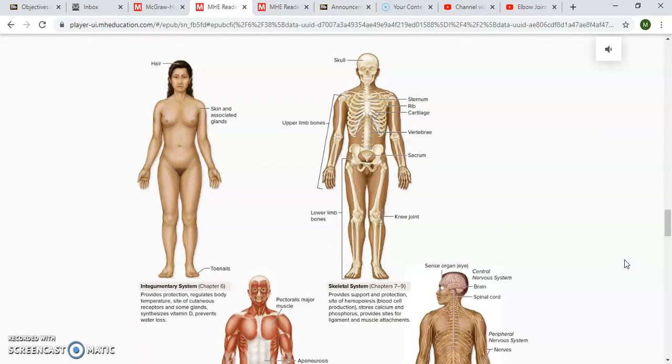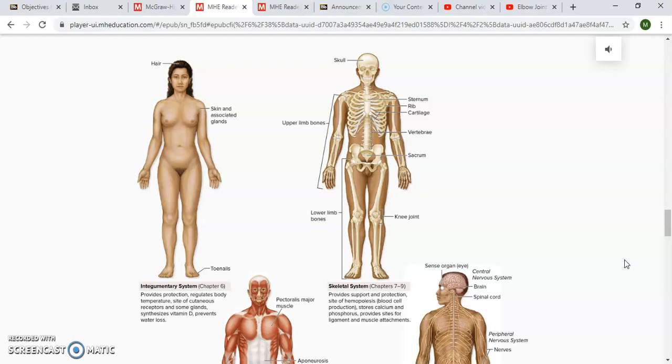For the first few weeks, the first test, and a little bit of the second test, we're going to focus on the basics that you need to know to understand anatomy and physiology. So we won't get to talking about a specific organ system until, I think, chapter 6.